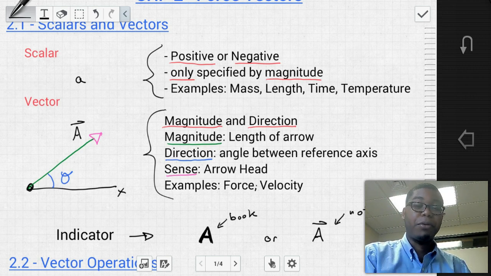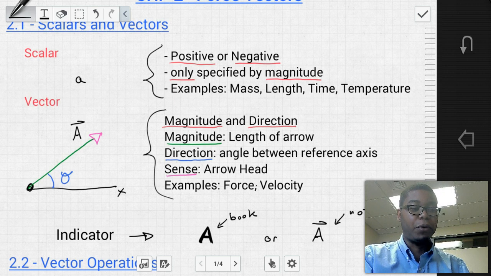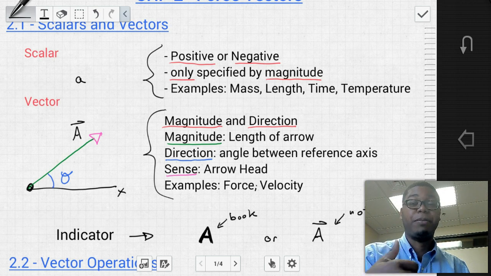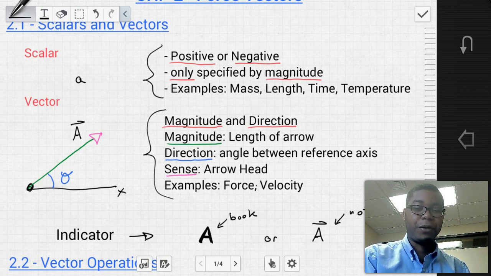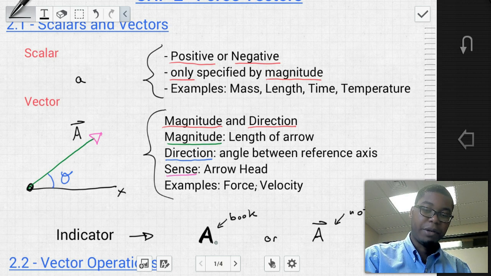Vectors in the book are denoted as bold objects. In my notes, however, because it's easier, I denote a vector by an arrow over the symbol. So in this case, A with an arrow over the top.